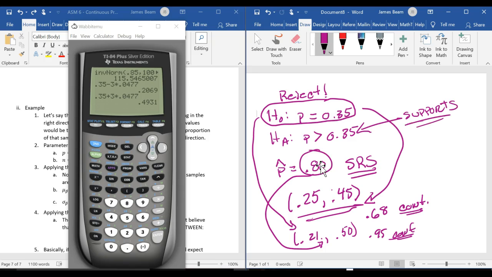So if I said it's 0.35 and I got 0.49, well, that's still in that interval, so I fail to reject this. I say, okay, that's okay. But here, what I've got is something that's way out of bounds. So I reject this, and it's going to support the other claim.